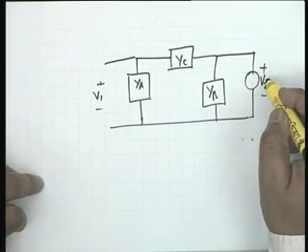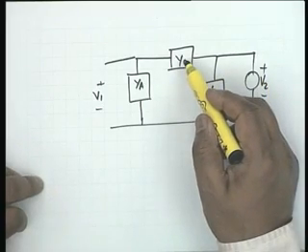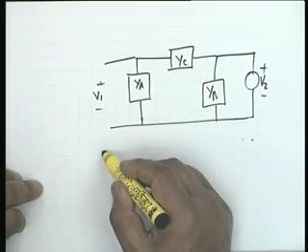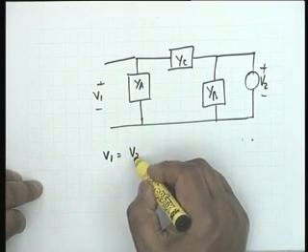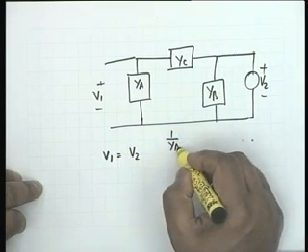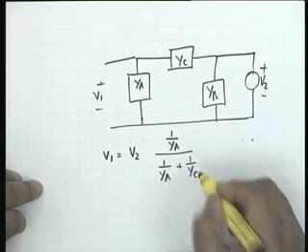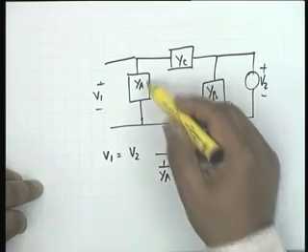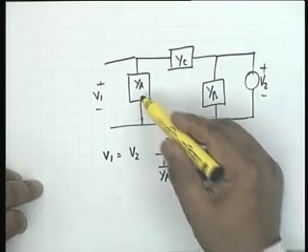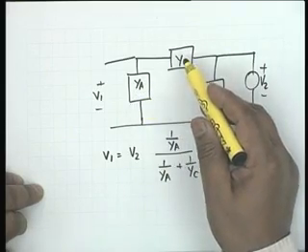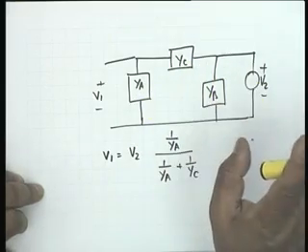So V2 therefore divides, there is a potential division between YC and YA. Therefore V1 would be equal to V2 times 1 by YA divided by 1 by YA plus 1 by YC. Is that clear? This is the impedance ratio, that is ZA divided by ZA plus ZC, not YA divided by YA plus YC.